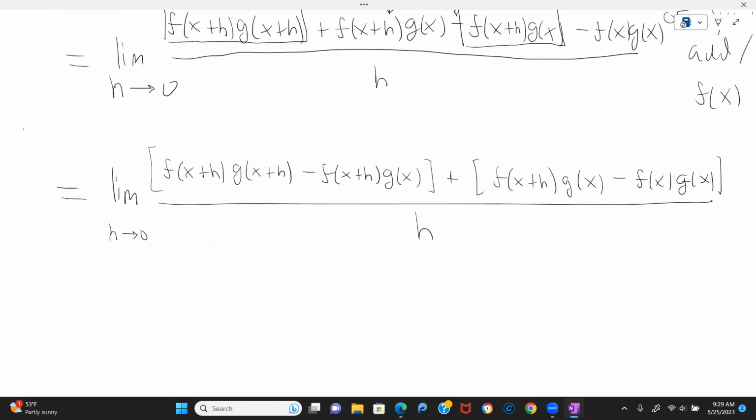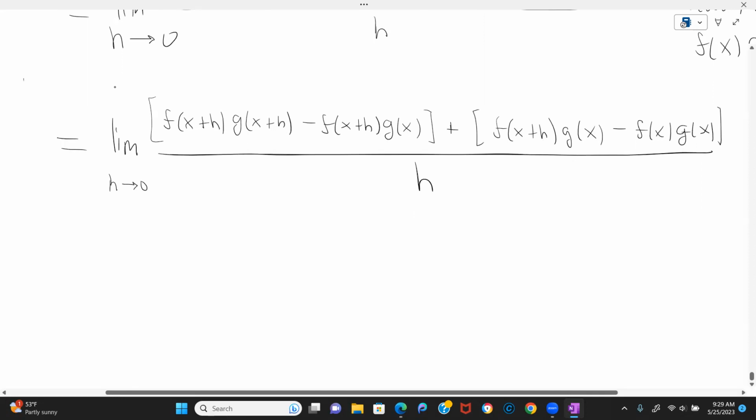So now I want to split these limits up. Before I do that, let me just split the sum up. So I'm still taking a single limit, and then it's going to be in square brackets. I'm going to divide this h into each thing in these square brackets.